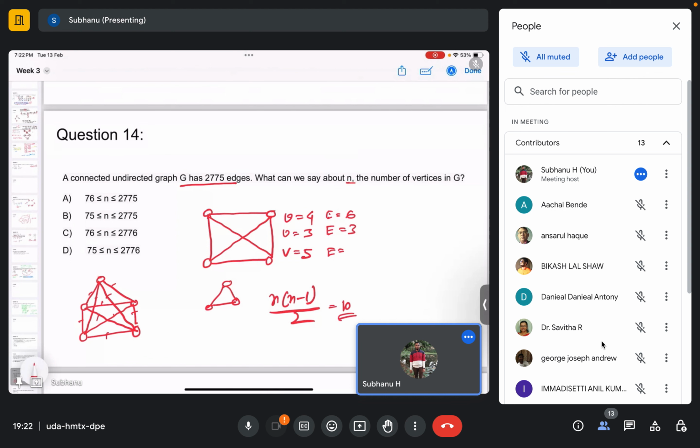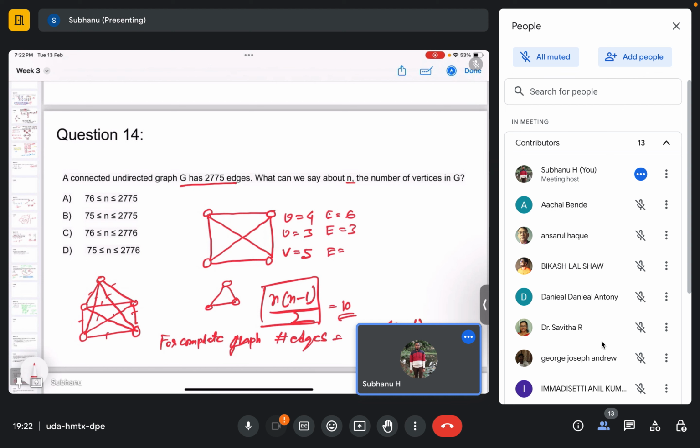We have 10 edges. So for a complete graph, the number of edges is equal to n into n minus 1 by 2.